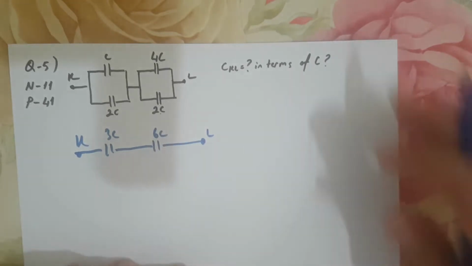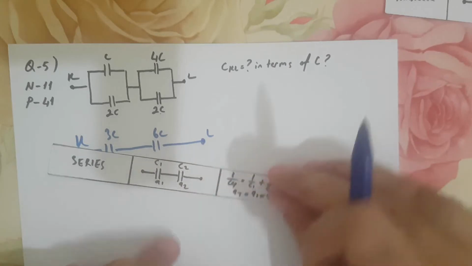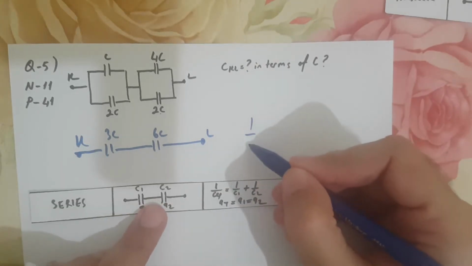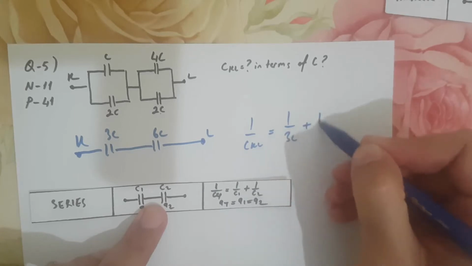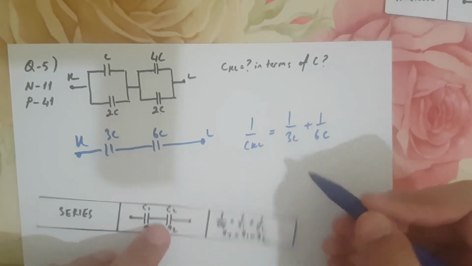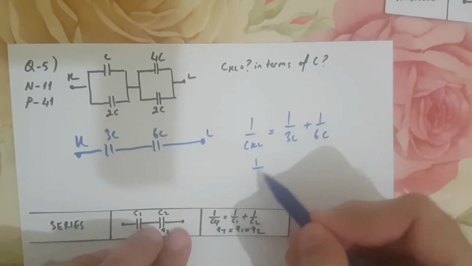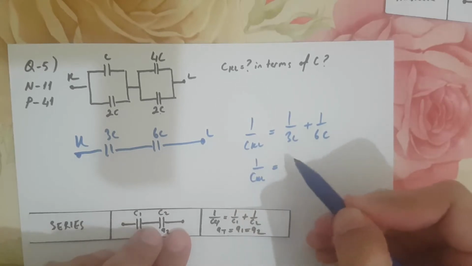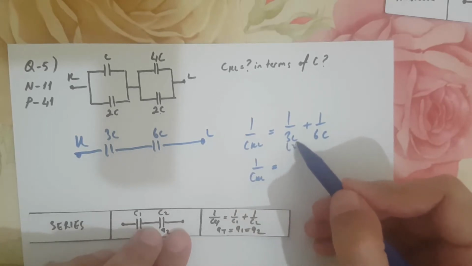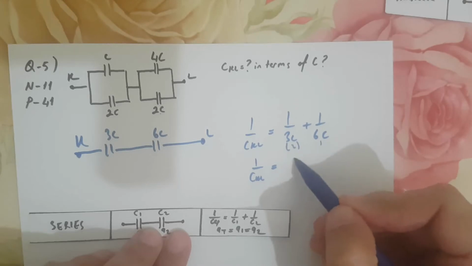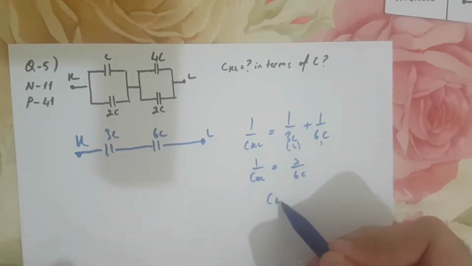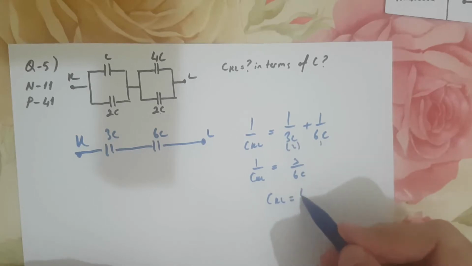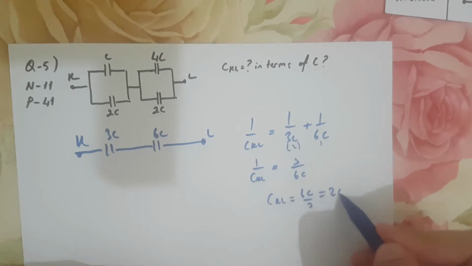What about when they are in series? I use 1 over CKL equals 1 over 3C plus 1 over 6C. So when I write that, expanding with 2, it is 3 over 6C, so CKL becomes 6C over 3, which is 2C.